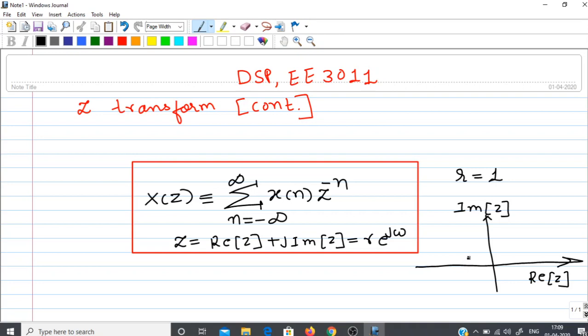And if I ask what would be the contour r equals 1, this would be a circle in the z plane.